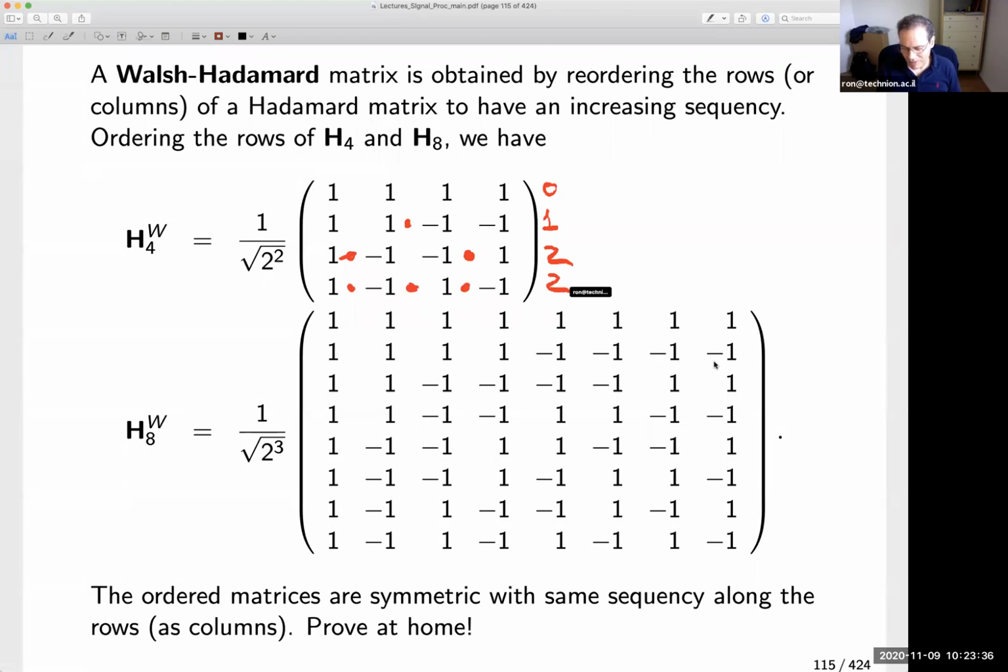So the Walsh-Hadamard matrix is nothing but taking the Hadamard matrix and ordering the rows, shifting the one with sequency 0 to the top, and the highest frequency or sequency to the bottom. And this is how the Walsh-Hadamard matrix of size 8 would look. And again, now we can actually see the structure in this matrix.